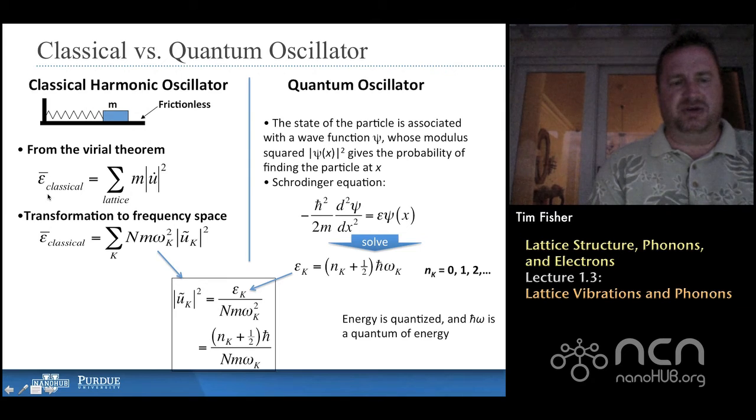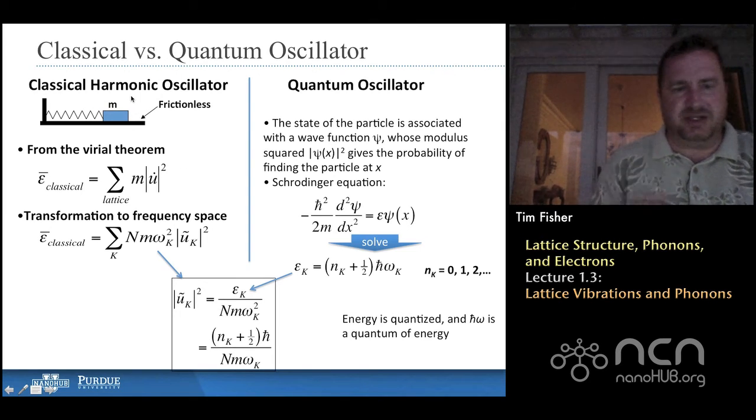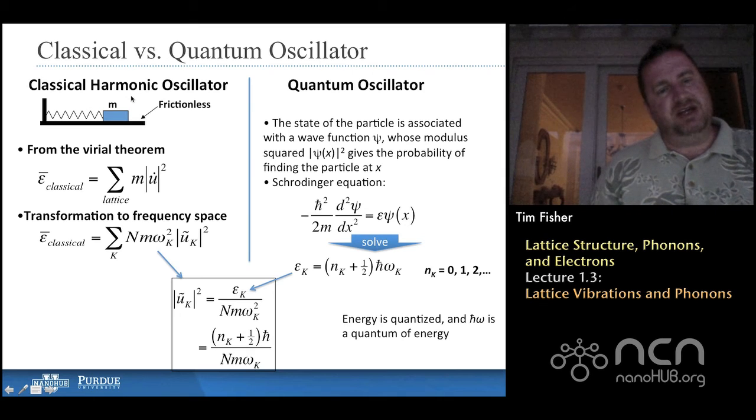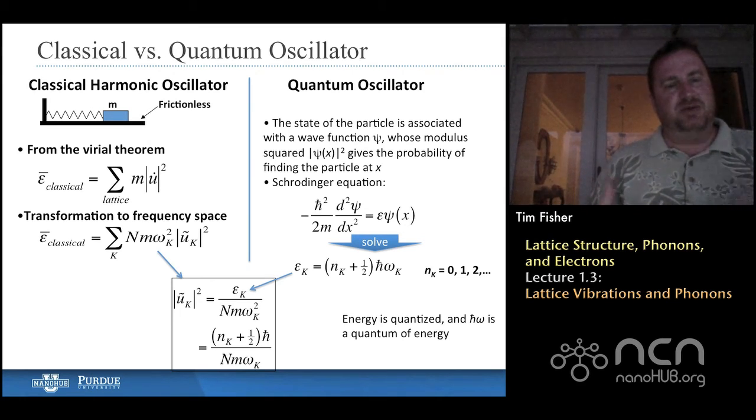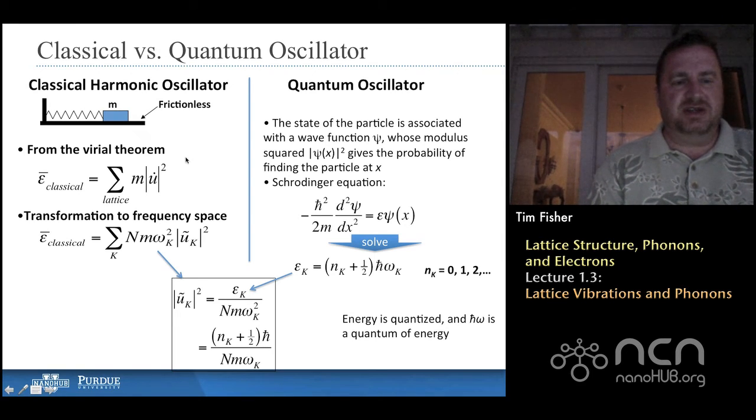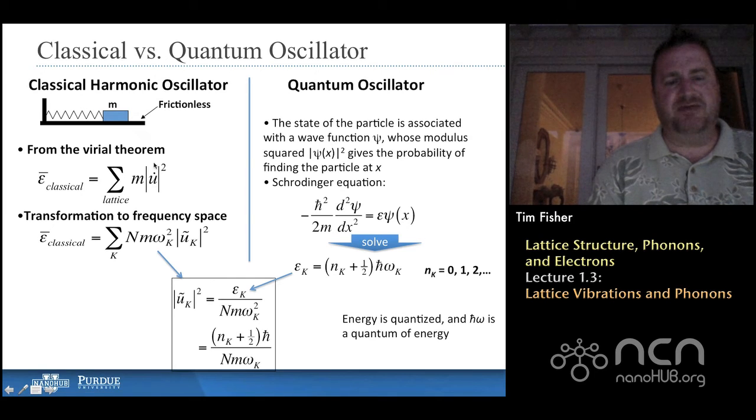So if we look back at the classical part here on the left side, we see that we can calculate the classical energy of a harmonic oscillator. This is a mass that's moving back and forth. Now in this case, because it's moving, its energy is actually being manifested as both kinetic energy and potential energy. And so this classical term, this is actually for many oscillators, is going to equal the sum of the masses times the average speed of the oscillation squared.